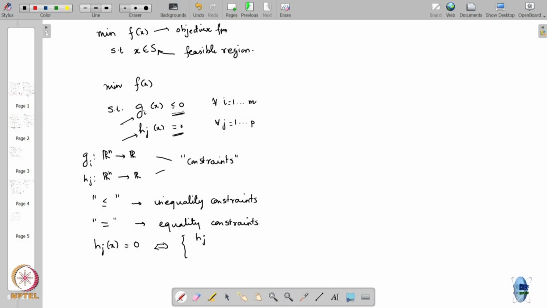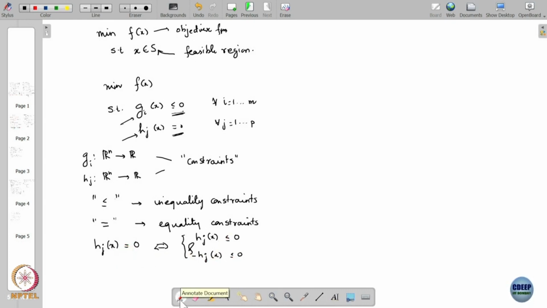One, that h_j of x should be less than or equal to 0, and also, remember both, that minus h_j of x should also be less than or equal to 0. So if this and this hold, then this: if h_j of x is both less than or equal to 0 and minus h_j of x is also less than or equal to 0, then h_j of x should be equal to 0.